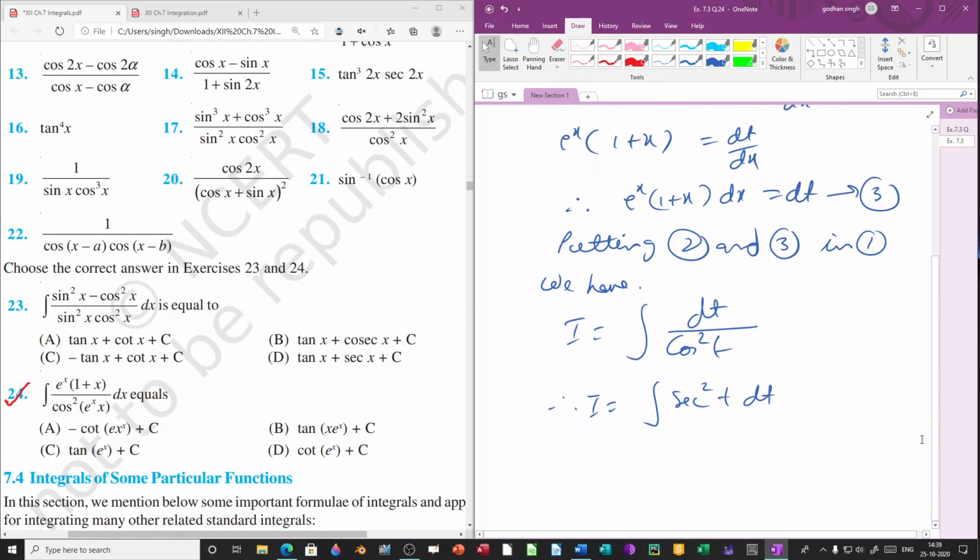is tan x. We know the integration of sec square x is tan x, so this can be written as I equal to tan t plus c. But what is our t? t is e raised to x into x.